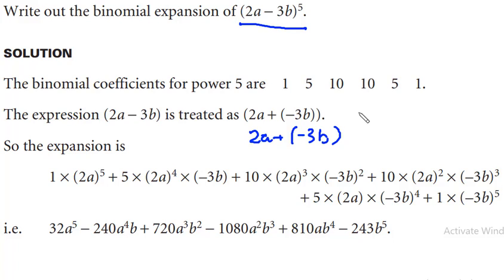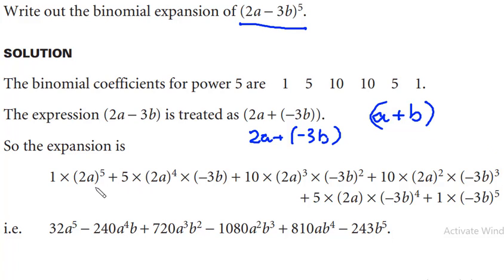Because when you want to do the binomial expansion, you have to make it in the form a plus b in order to expand it correctly. If you keep the minus, it will be really confusing when you get into the expansion. So remember to treat it in the form a plus b, which is something plus something.